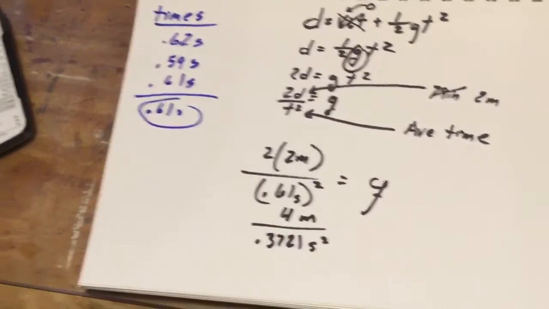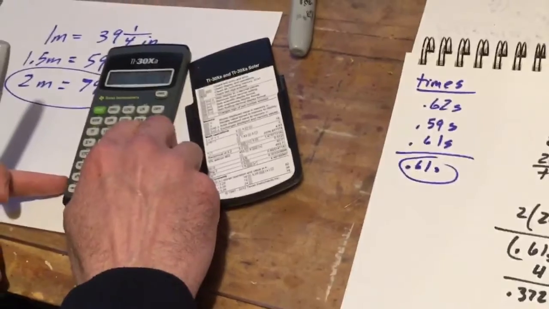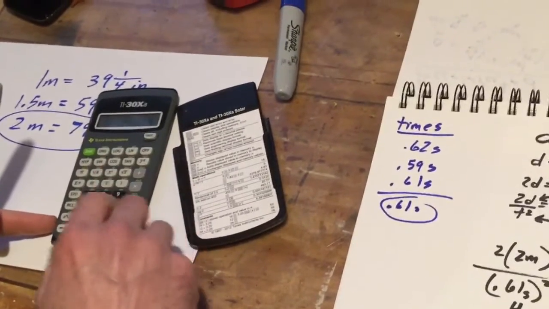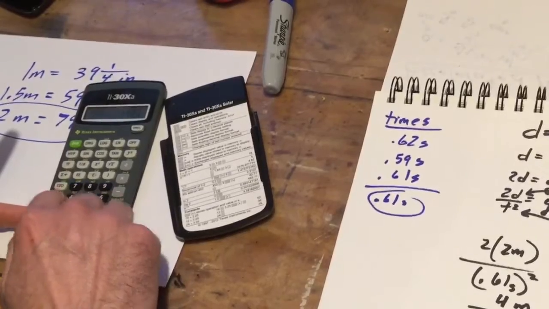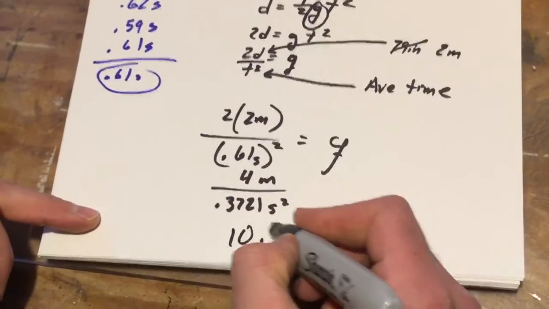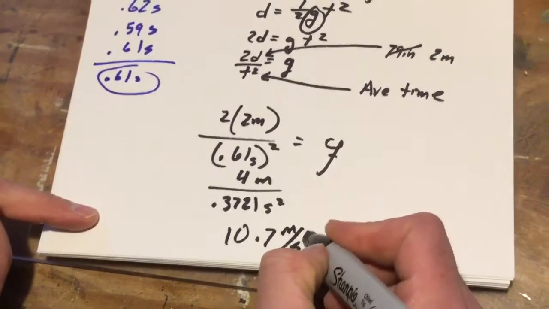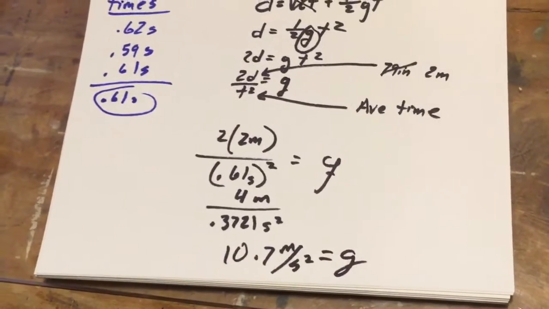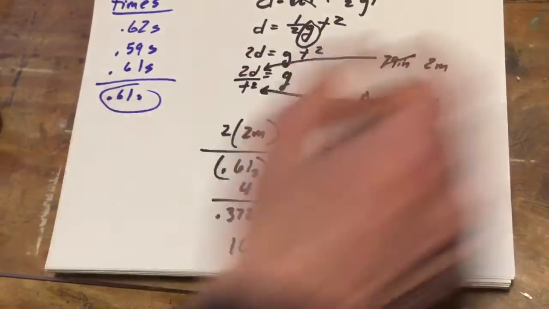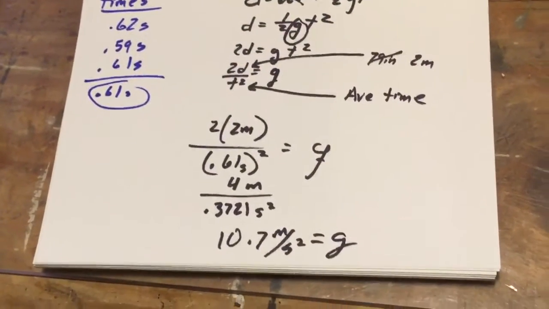So what is 4 divided by 0.3721? Well, not terrible, not awesome.